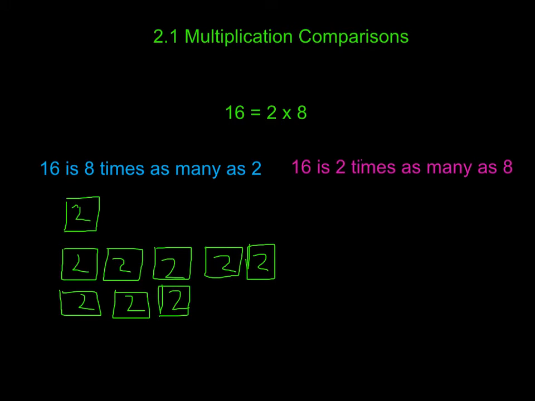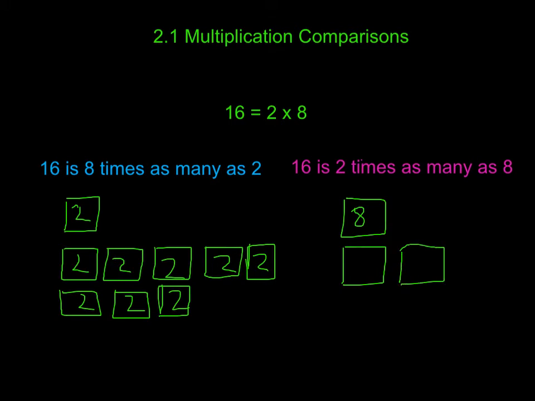Okay, on our next one here, we have 16 is 2 times as many as 8. So we're going to go ahead and do a box. And in this case, the box is going to be 8. So 2 times as many as 8. I'm going to then draw underneath that.